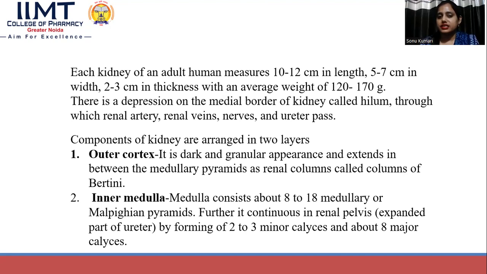The outer cortex has a dark and granular appearance and it extends in between the medullary pyramids as renal columns called columns of Bertin. The inner medulla consists of about 8 to 18 medullary or Malpighian pyramids. Further, it continues in renal pelvis by forming 2 to 3 minor calyces and about 8 major calyces.